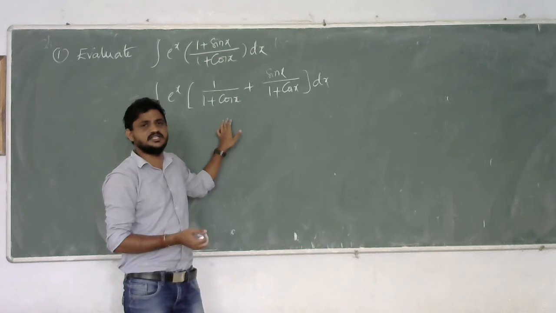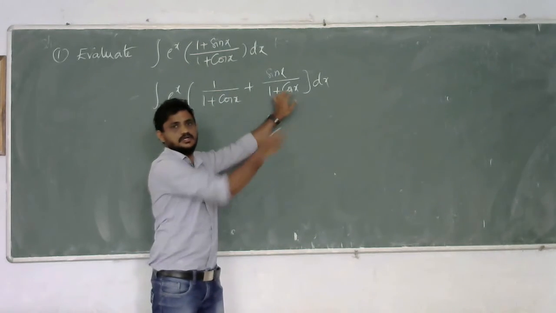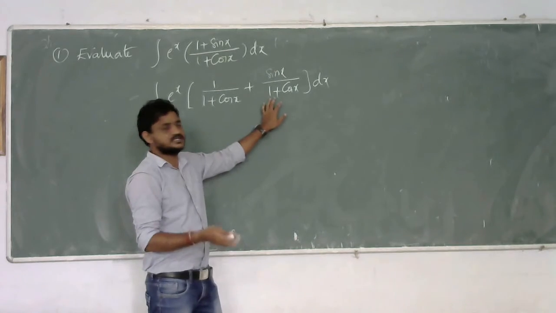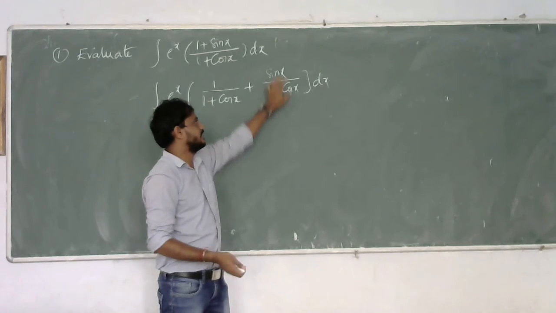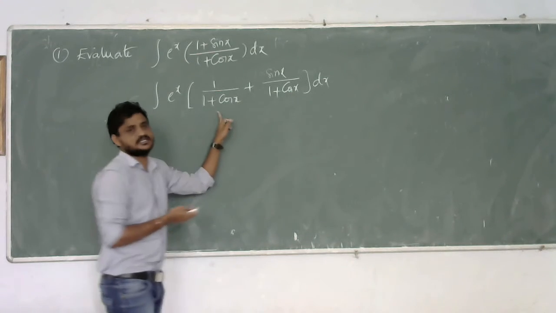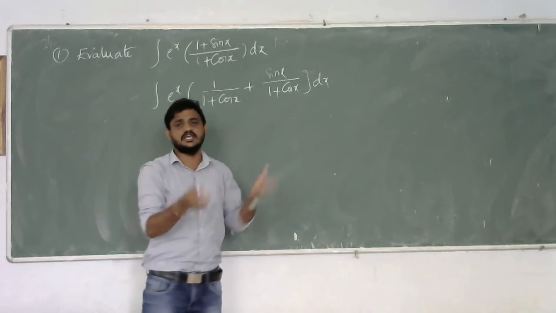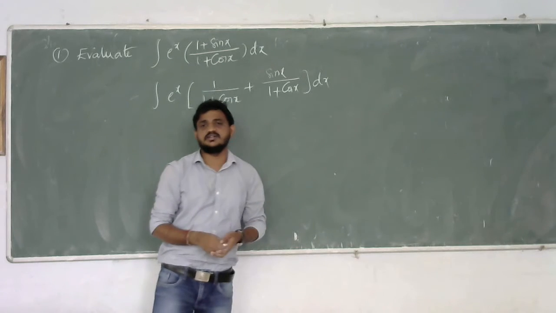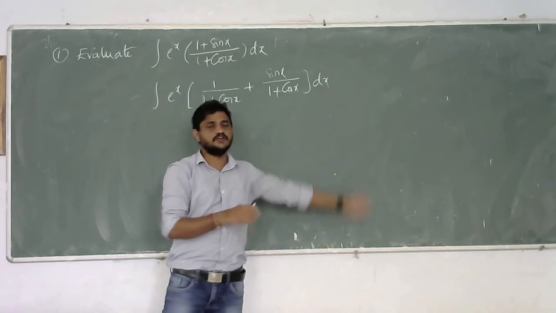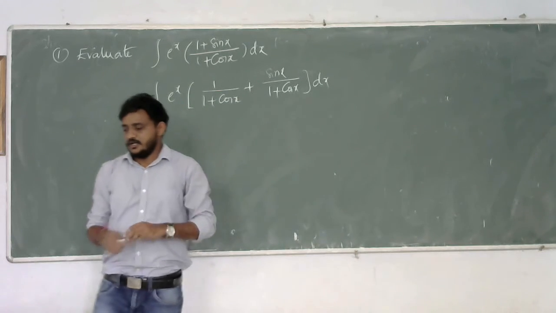Then let us try with the term sin x by 1 plus cos x, then differentiate this term. Shall we get the other term? We have to know which is f of x and which is f dash of x. So you will try it in rough, then solve the problem in the exam. Okay. So here let us take.